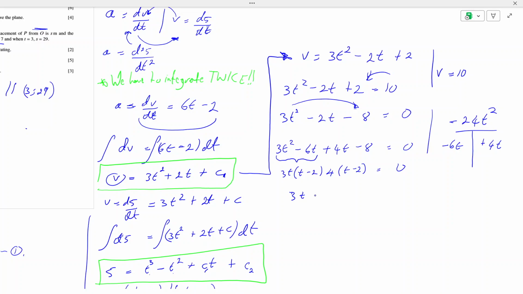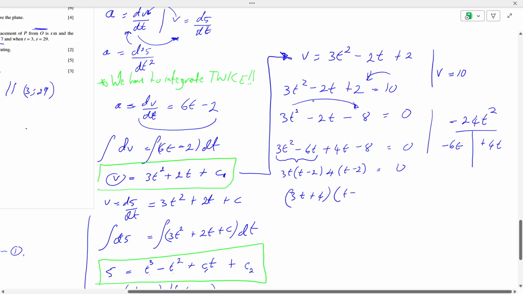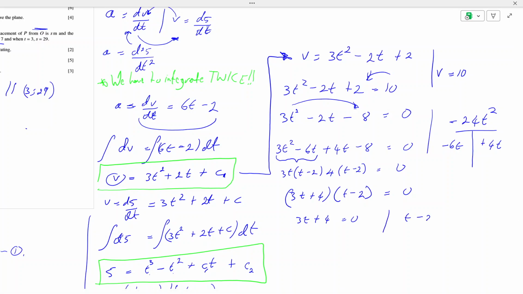It works as well. Then t minus 2 is common. You can now factor out the t minus 2 bracket. Then this is what you have. You can equate that to 0 to get your two values of t. 3t plus 4 is equal to 0. t minus 2 is equal to 0.